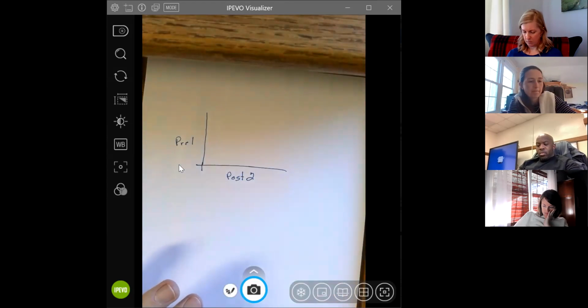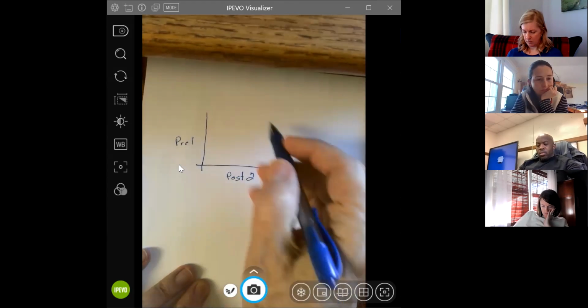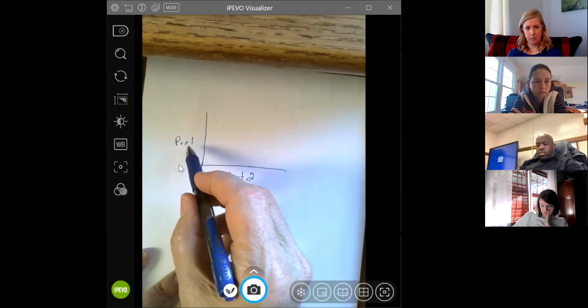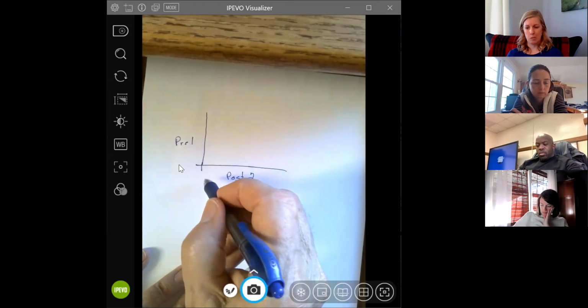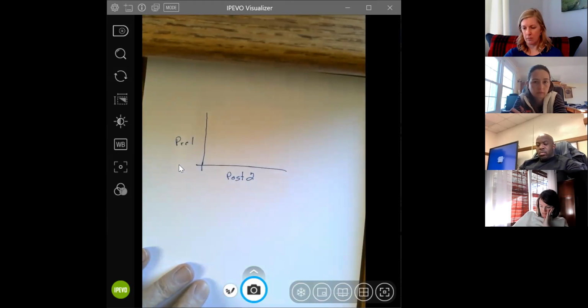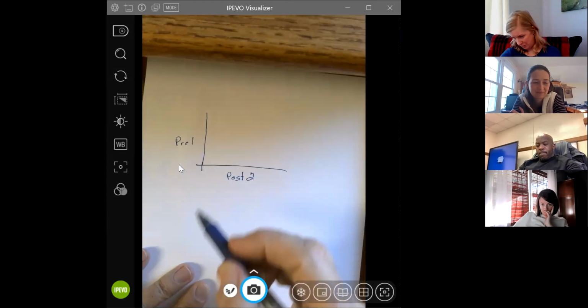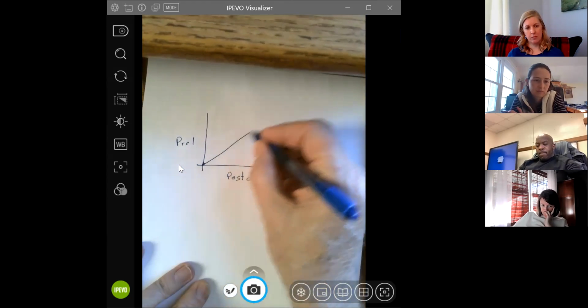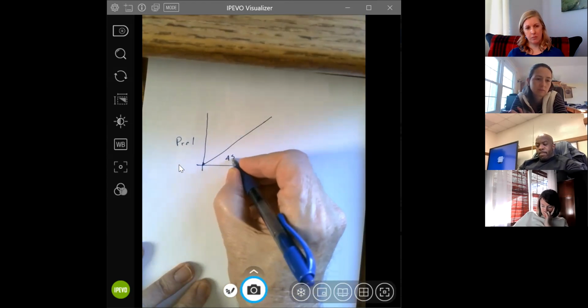For these 60-some students, there would be a scatter plot that represents each individual student's pre-1 score and post-2 score. There'll be a dot that represents each student on that Cartesian scale. But a perfect relationship would be this 45-degree angle here.